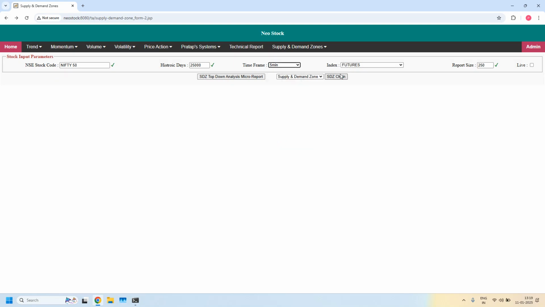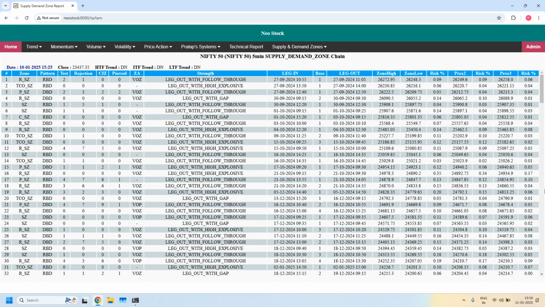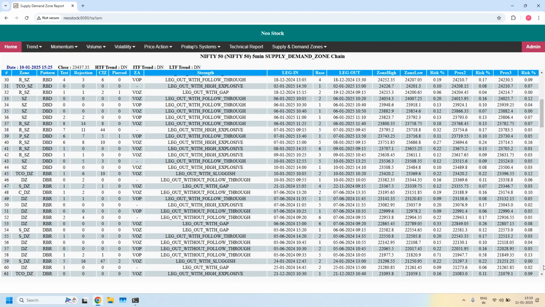5 minutes supply demand zone chain for Nifty. All these are all supply zones. So to get demand zones, I am scrolling the list down. So this is the recently available demand zone.